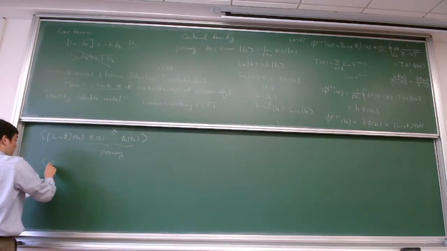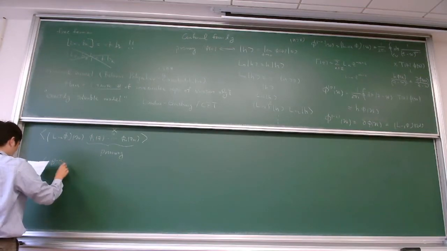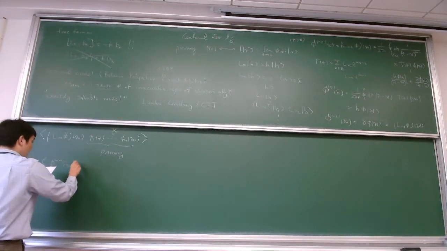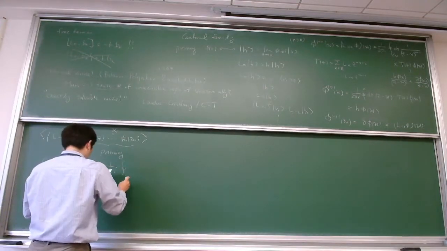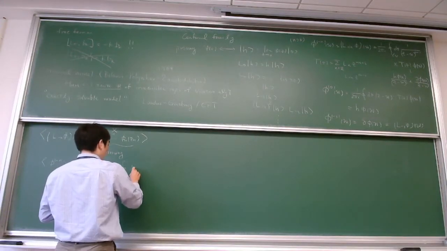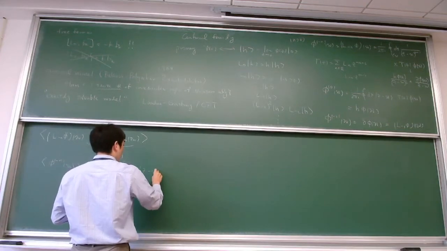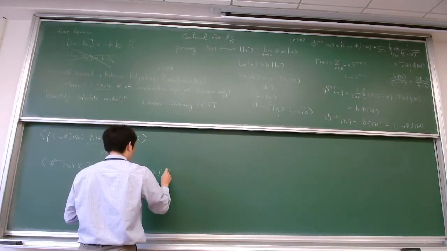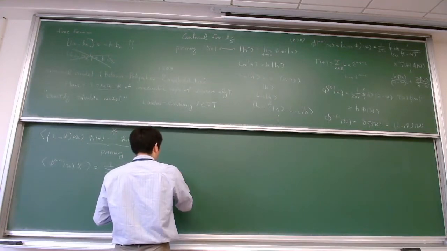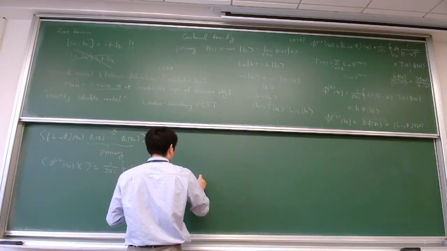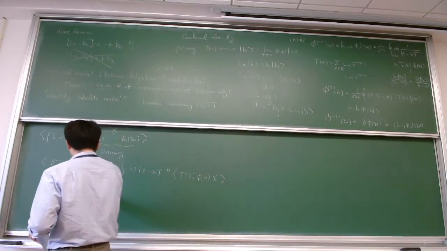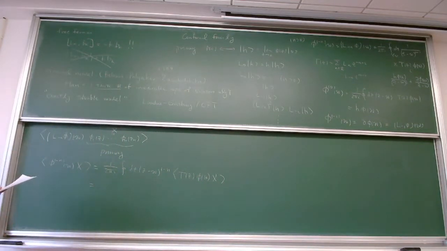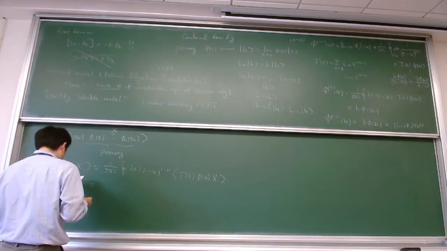Phi minus n of w, x, is equal to 1 over 2 pi i, dz. So then we can just use the OPE.